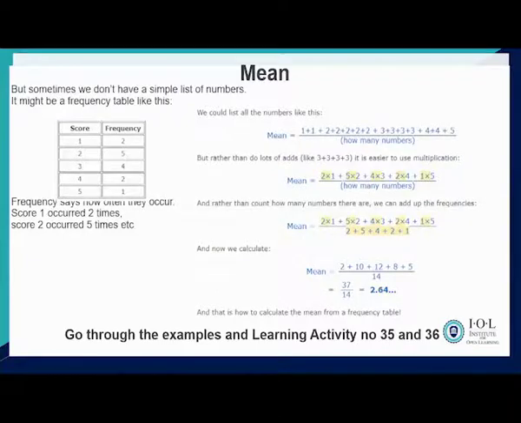If we have a frequency, we've now got a lot of people. But sometimes we do have simple lists of numbers. It might be a frequency table like this. Say for instance, it can be any example, and the score is 1, 2, 3, 4, and 5.